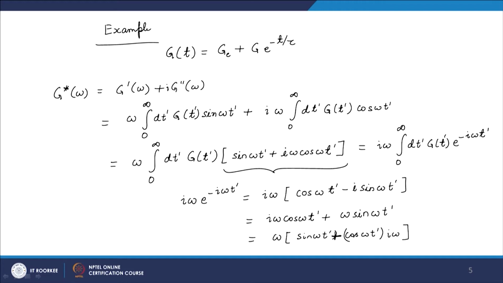So, now we can use the function that we have defined. G(t) is Ge plus G multiplied with exponential of minus t by tau in this particular function, and what we get is G star omega is I omega integral from 0 to infinity dt prime G(t prime) exponential of minus I omega t prime, which we can write, if I plug in the G(t prime) with the expression I had.